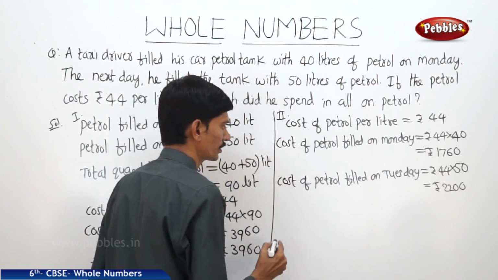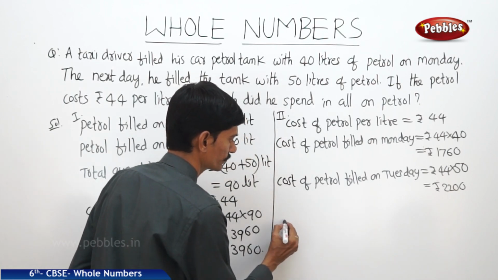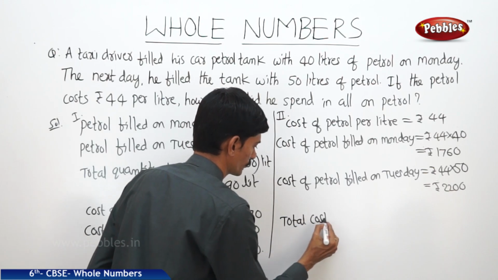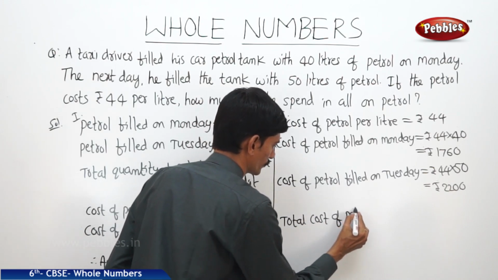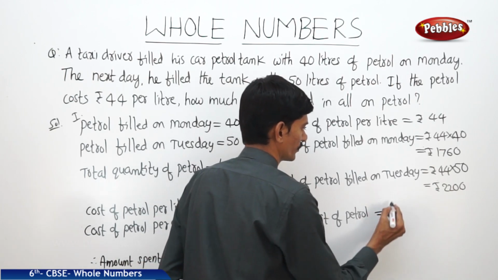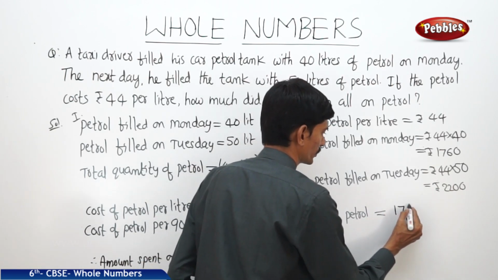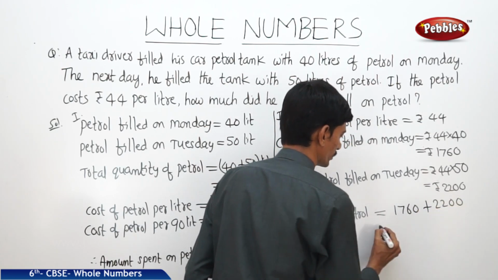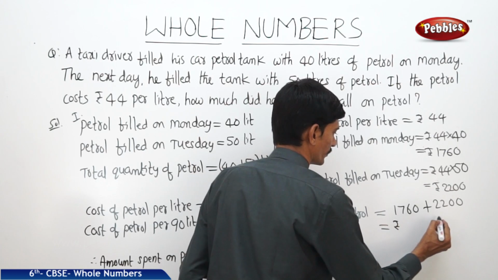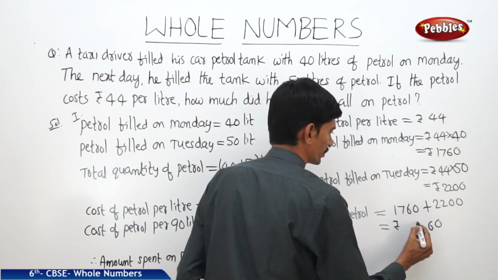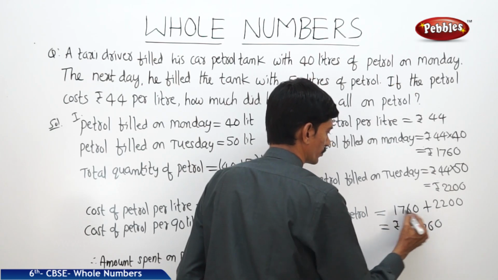Now the total cost of petrol equals to 1,760 rupees plus 2,200 rupees. So this equals to 0, and 0 plus 6 is 6, 2 plus 7 is 9, and 2 plus 1 is 3.